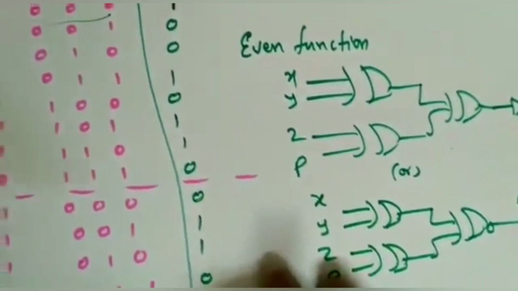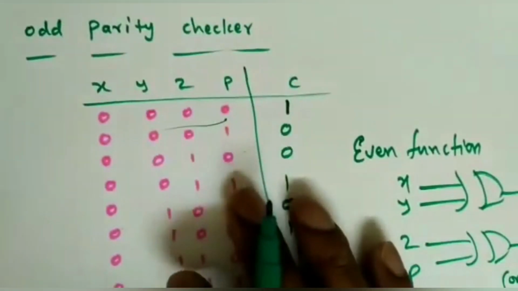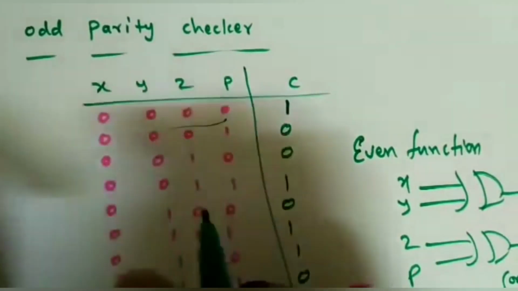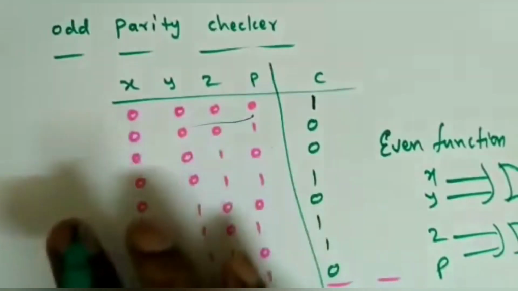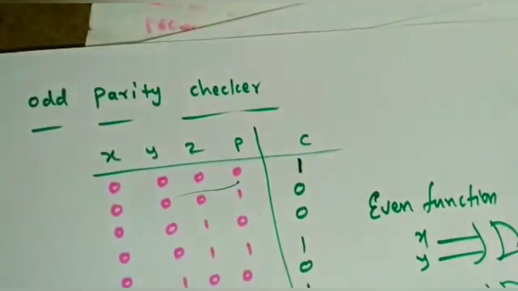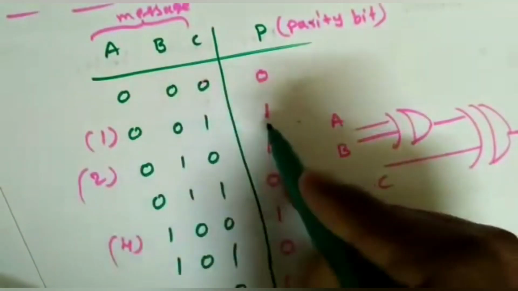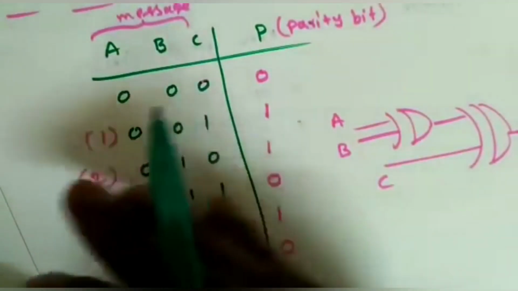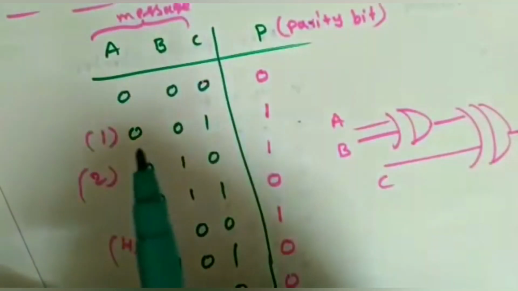Now one more thing, the limitation of this is that it will detect only one error bit. What does that mean? Suppose I have generated even parity or odd parity. Suppose one bit is changed, it will detect. Suppose two bits change simultaneously, it will not detect.